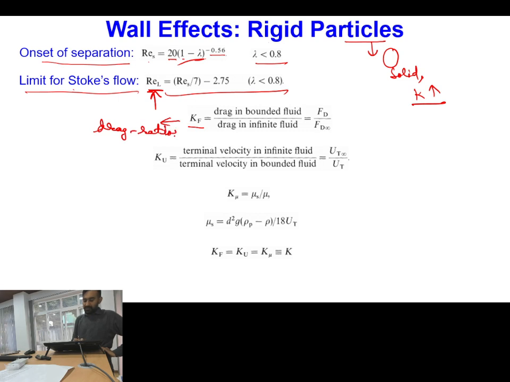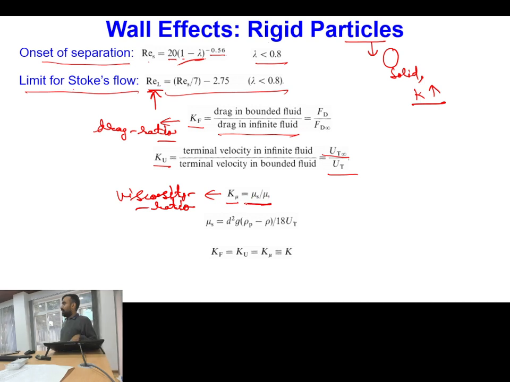Drag ratio is nothing but the ratio of drag force in bounded fluid, our actual situation, divided by that in infinite fluid where no walls are present. Second is K u. K u is the terminal velocity in infinite fluid divided by terminal velocity in bounded medium. And third is K mu, which is called the viscosity ratio. What is the meaning of this viscosity ratio? Mu s by mu.